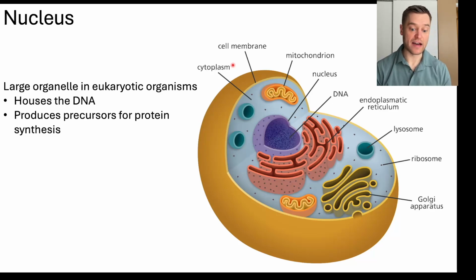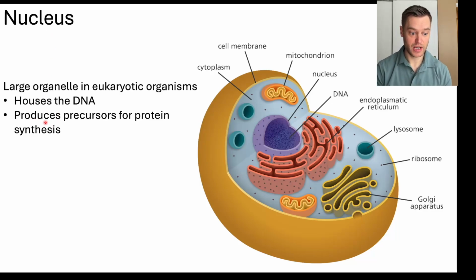So they have a nucleus, okay? What you need to know about the nucleus, there's a lot of important things about nuclear signaling that we're not going to get into. But for your purposes, you must know that it's a large organelle that contains the DNA, the instructions for production of proteins.